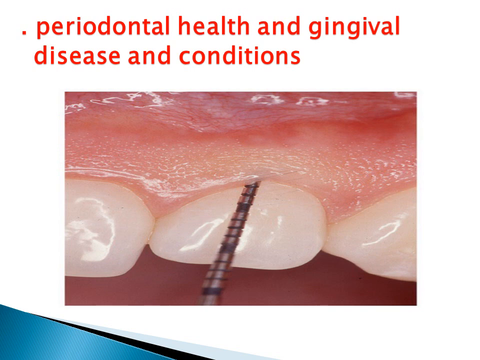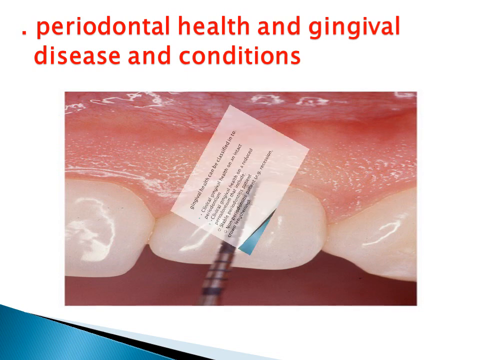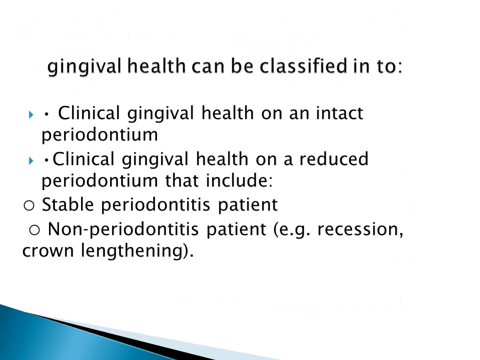However, the treated and stable periodontitis patient can have a high risk for development of recurrent periodontitis. Clinical gingival health can be classified into clinical gingival health on an intact periodontium and clinical gingival health on a reduced periodontium, which includes stable periodontitis patients and non-periodontitis patients.